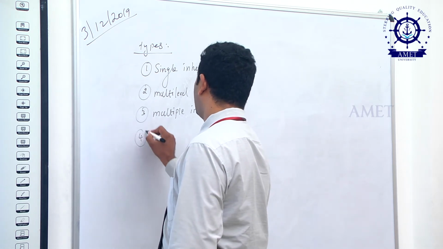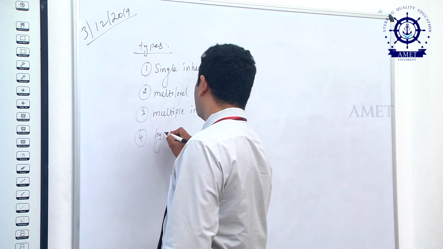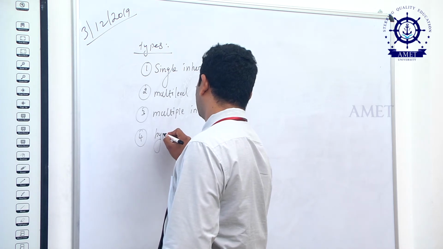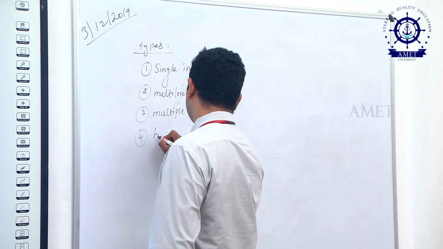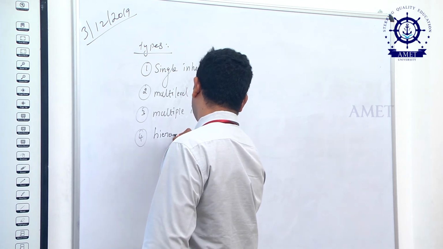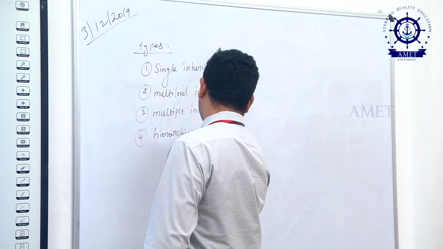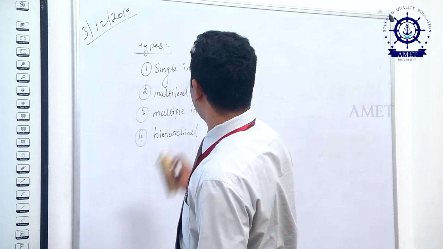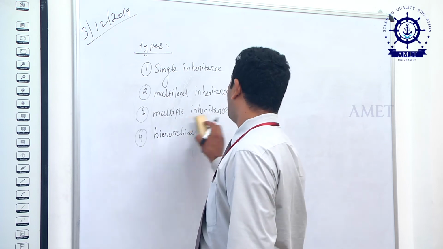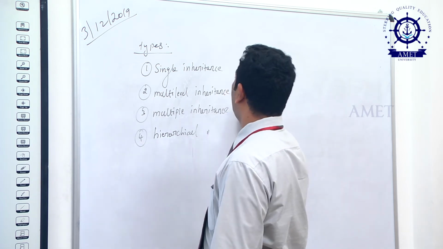And fourth one, hierarchical inheritance. There are four types of inheritance here: single, multi-level, multiple and hierarchical. We will see them one by one.